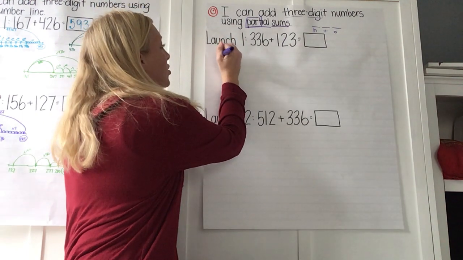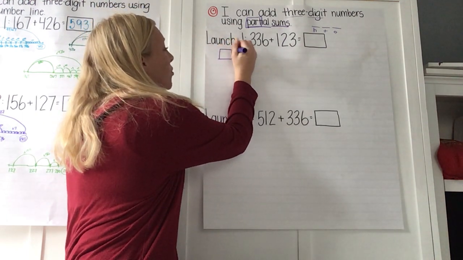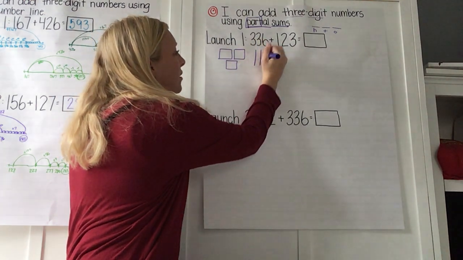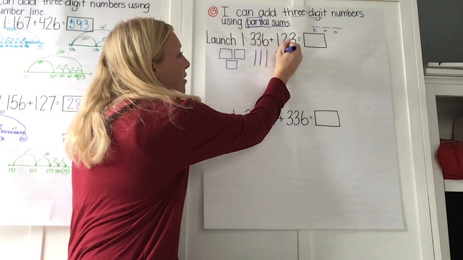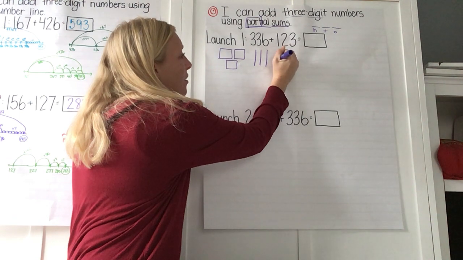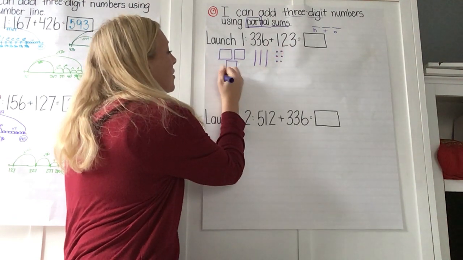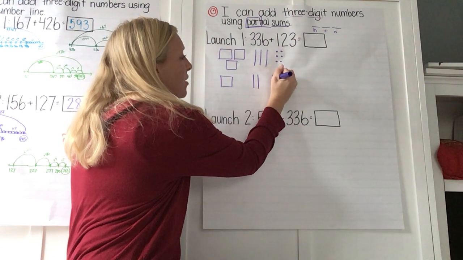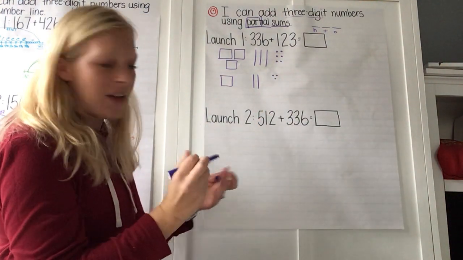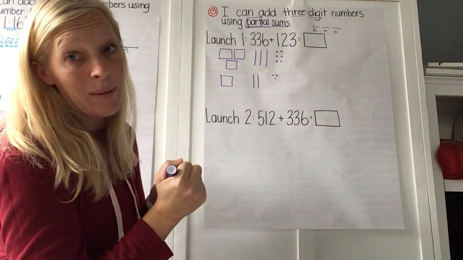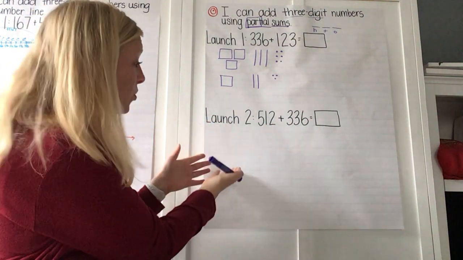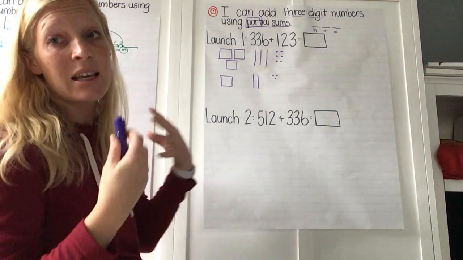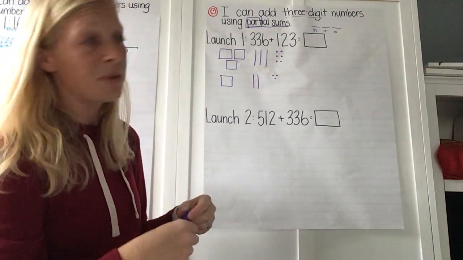I'm going to do a quick draw. 336. 123. Just so we can have that little visual. I probably should have done that ahead of time, I'm sorry. So when you're doing your next one, if that would help you to see that, please feel free to draw those base 10s as we jump into partial sums.